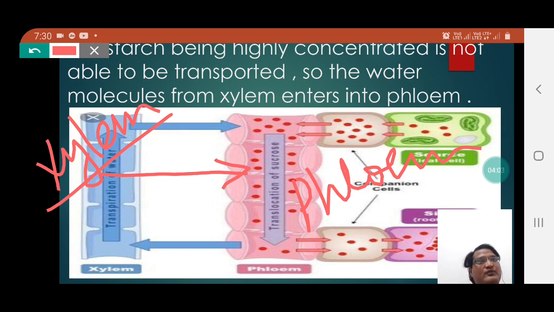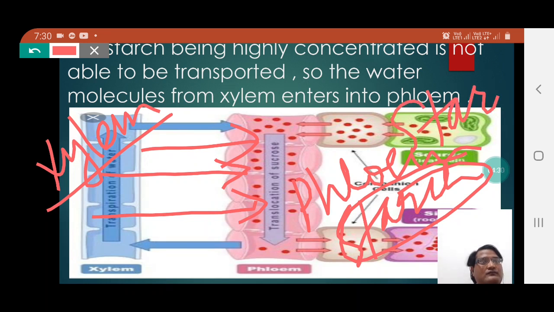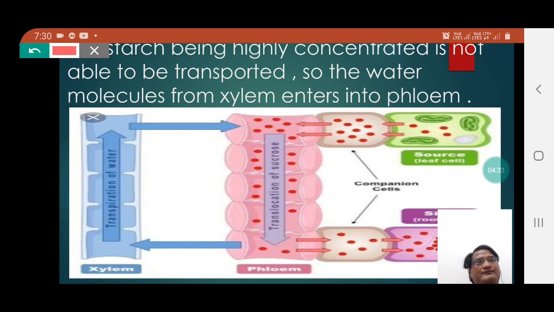So students, as we know that phloem only conducts the starch, and starch is very concentrated, and that is why it cannot move. So the sap from the xylem is moving to the phloem, which further makes the starch diluted.